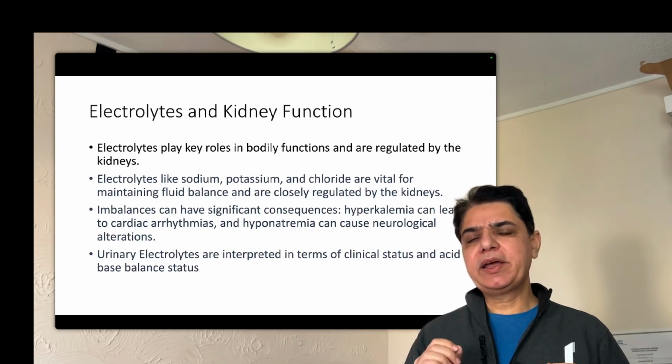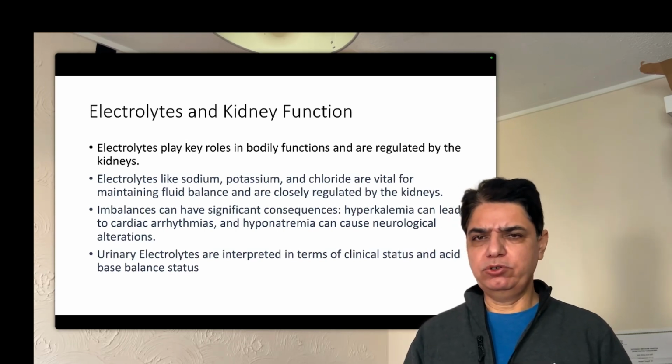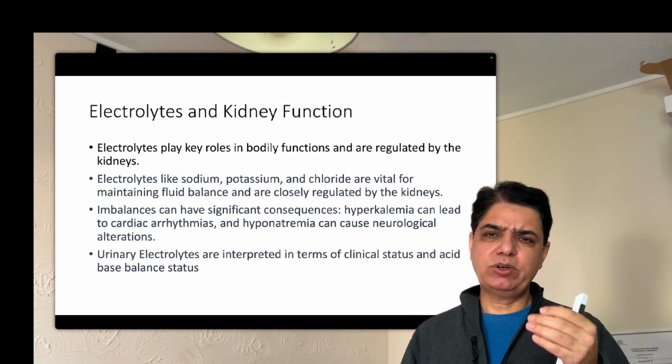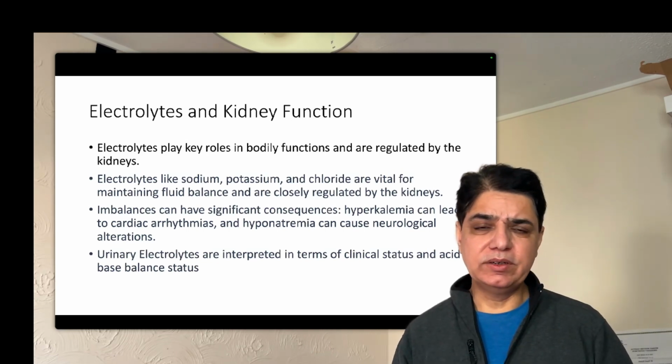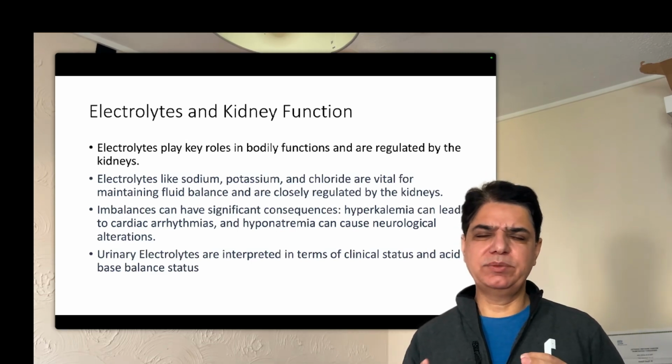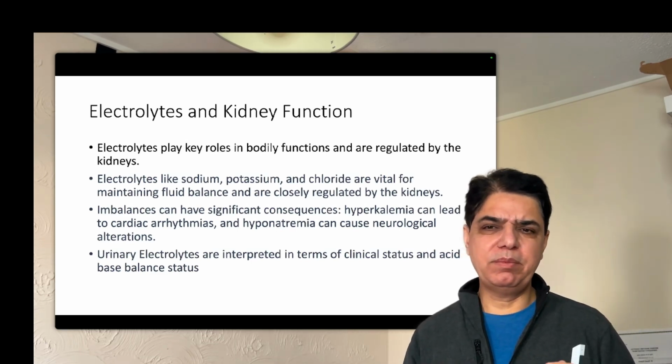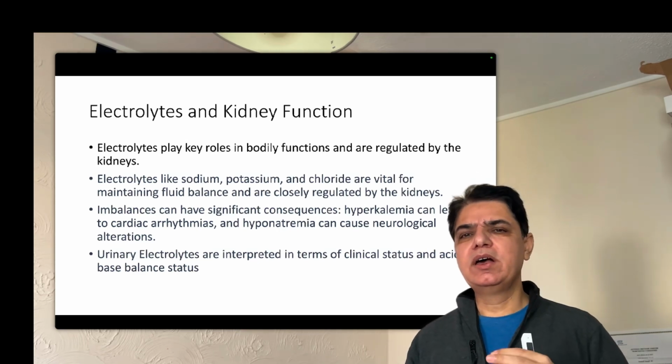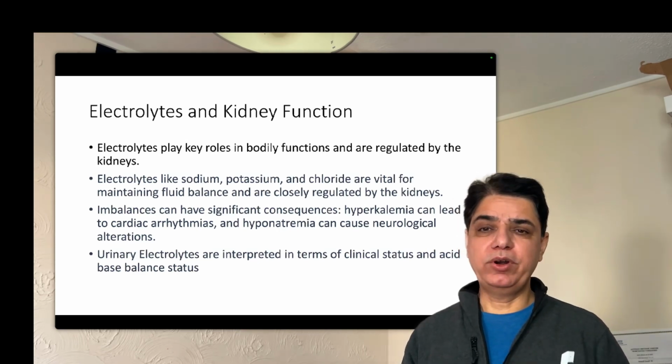So hyperkalemia and hyponatremia, usually low sodium and high potassium, are associated with kidney diseases. Sometimes the opposite can also occur, but by and large, for the sake of simplicity, remember that most of the times it would lead to hyperkalemia and hyponatremia.